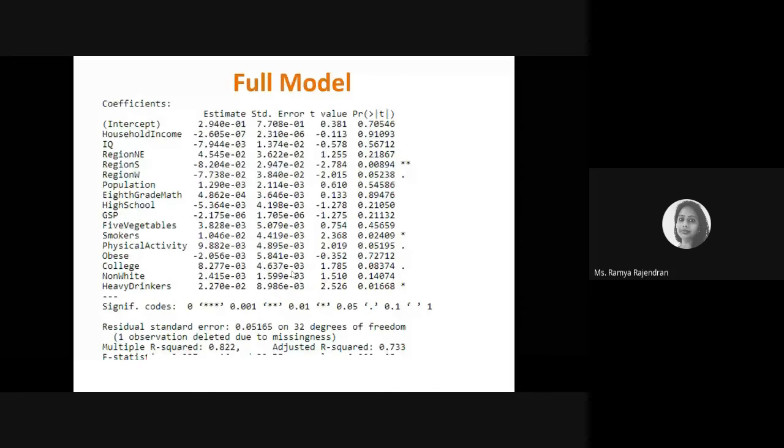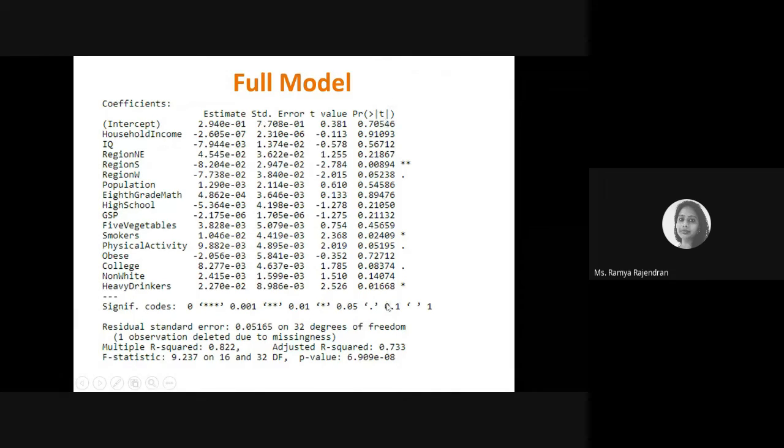So just imagine here we are trying to create a model with too many variables. We have all our independent variables here, and we have our p-values here.